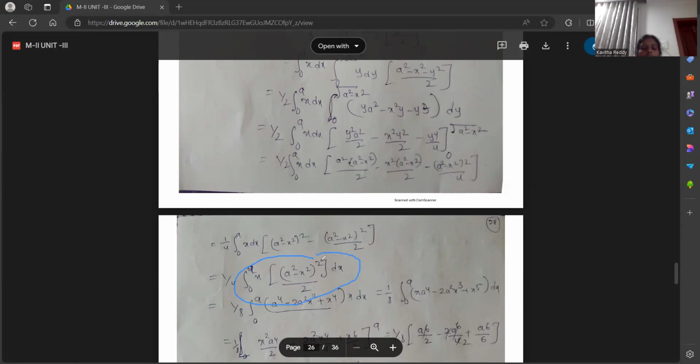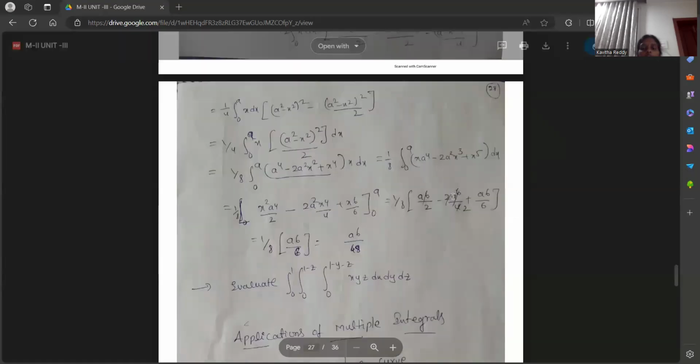Here use the (a minus b) whole squared formula, then integrate with respect to x. So the integration from 0 to a of x(a squared minus x squared) whole squared by 2.